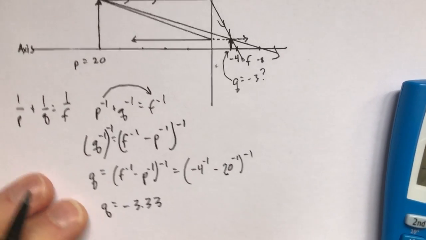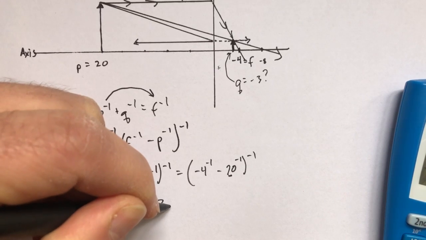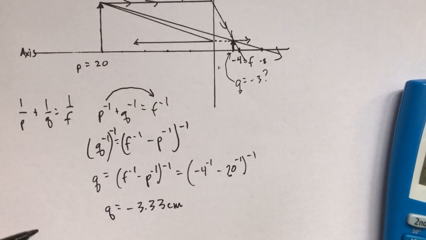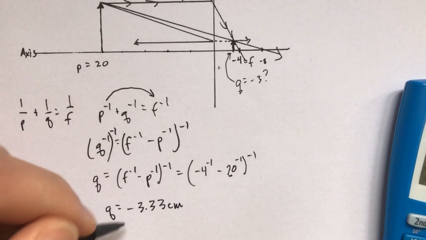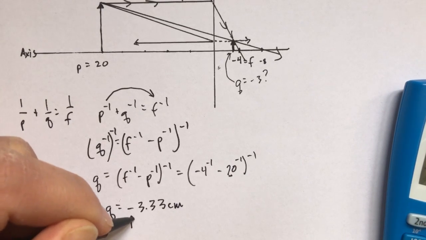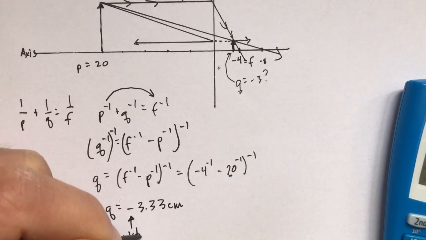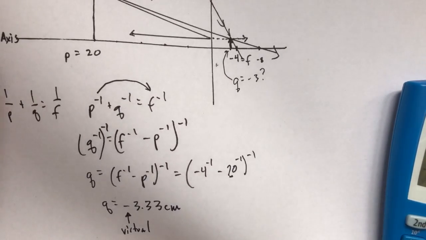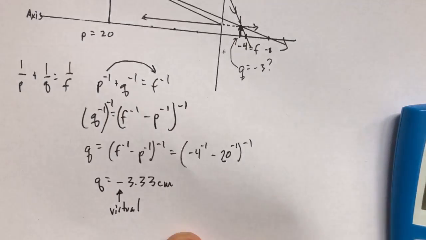And so what does that mean? First of all, it means my drawing was pretty good, so yay me. The second thing is that that negative sign means that this is a virtual image because it's existing in mirror land.